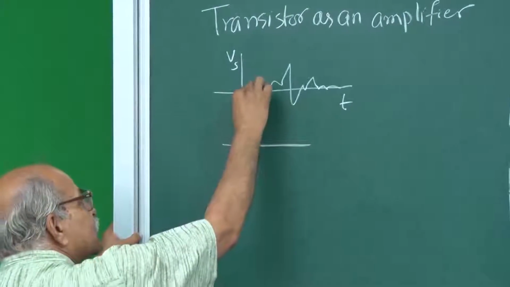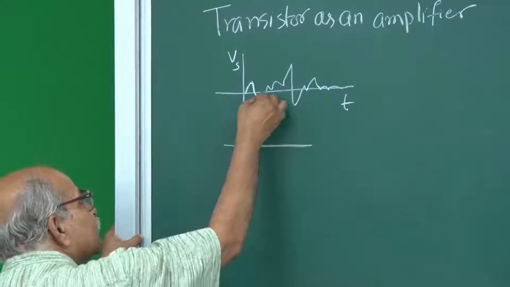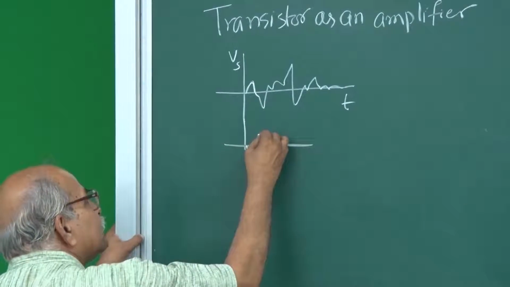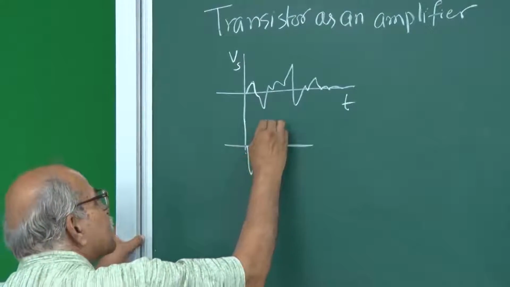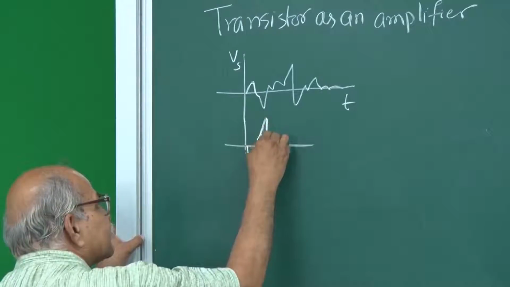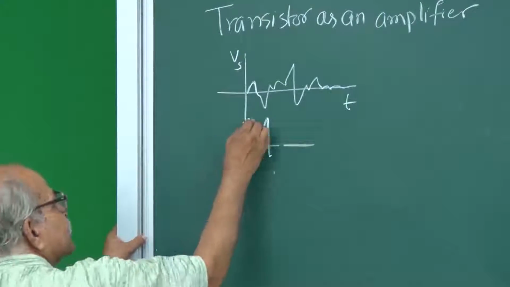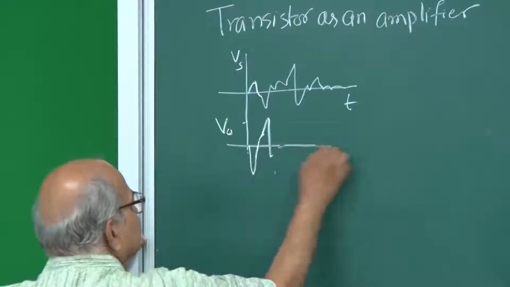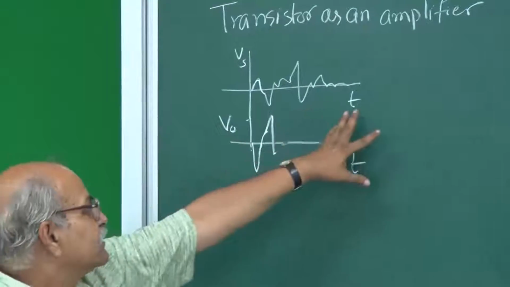Then when it is going down, it is going up. So, it is going up and it is going further down, and then further up, and so on and so on. So, this kind of inversion will take place everywhere. Okay, so, this is your output voltage as a function of time. I have drawn only a small part, I cannot draw the entire thing so nicely.